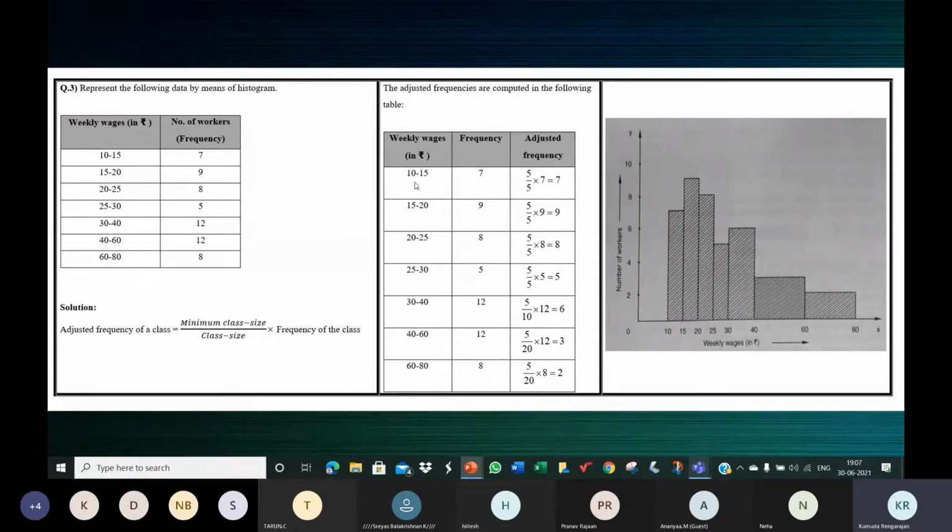In this particular distribution, you can see 10 to 15, 15 to 20, 20 to 25. There is no break. But in this distribution, the class size is not uniform. Uniform meaning all the class intervals do not have the same class width.